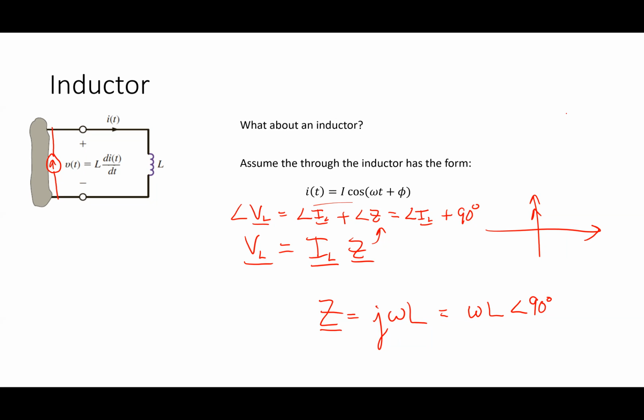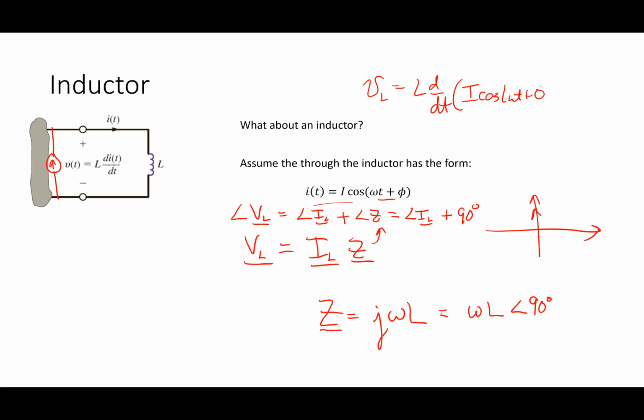Yeah, and the derivation of this is in the notes. It's the same kind of derivation. If I have a current that looks like this, I say VL equals L d by dt of the current.